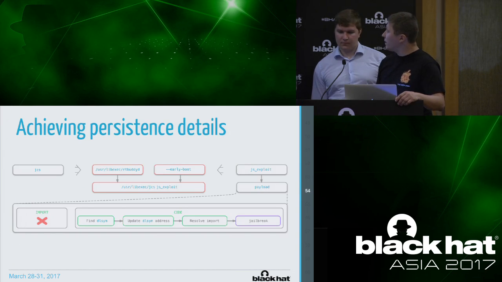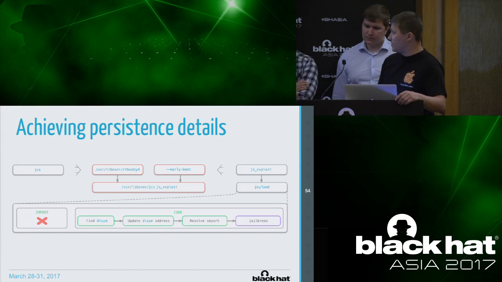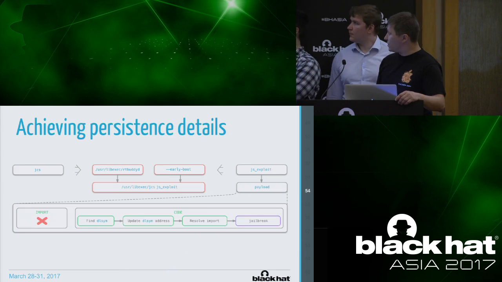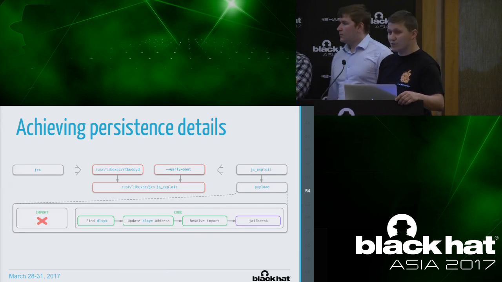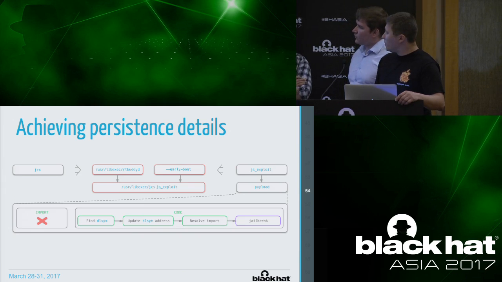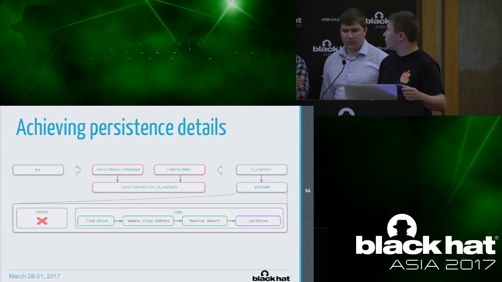So this is what it looks like. We're replacing the rtbuddyd service with JSC, and then we're creating an early boot file, which is essentially a JavaScript exploit with a payload. So when the system starts, it executes rtbuddyd with early boot, which essentially is the JavaScript exploit. So it looks easy, but the payload needs to be crafted specially because you don't have a loader or anything like that in there.